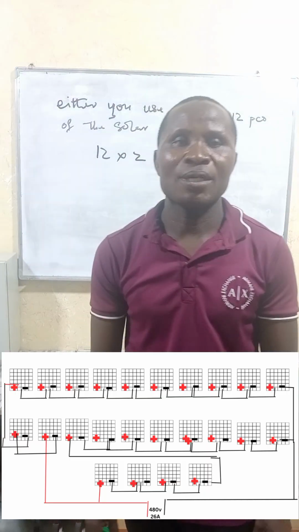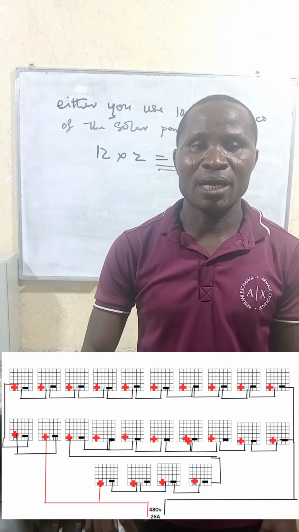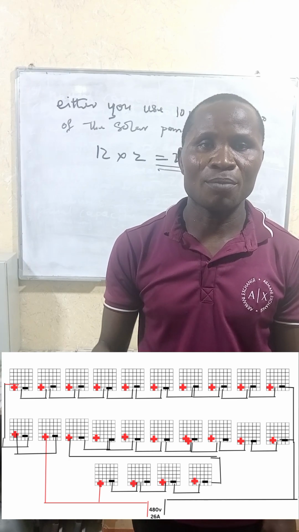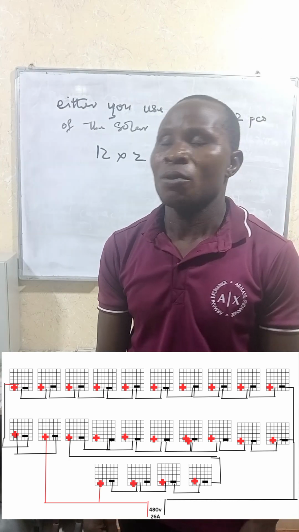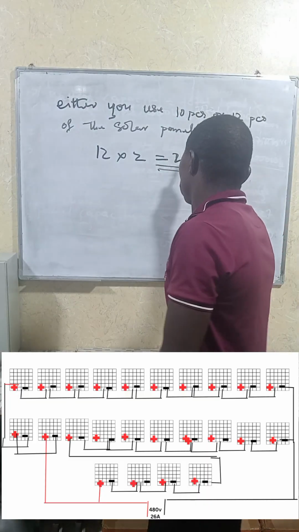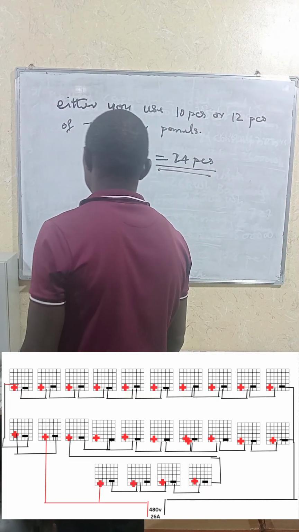Alright, now we need to draw the block diagram. The question says we should draw the block diagram of this system. So we are using 24 pieces for the block diagram now.